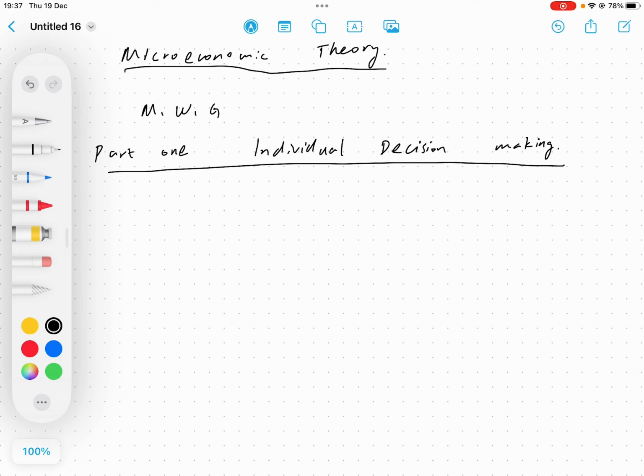So different constraints or different problems make different kinds of research in this topic, right? Okay, and there are basically two kinds of approaches to this individual decision problem.